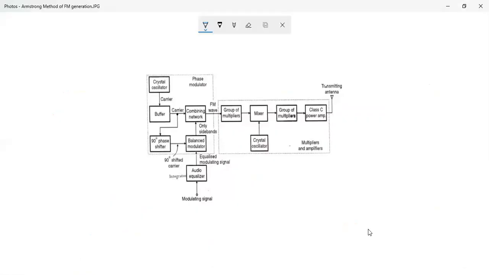What we have seen earlier is the expanded part of that block diagram. I am not able to magnify this picture.